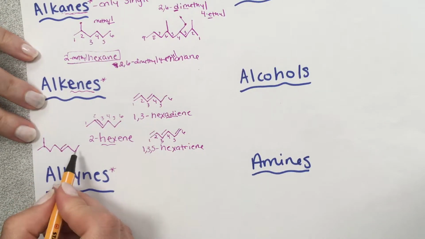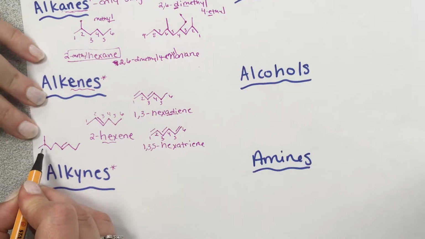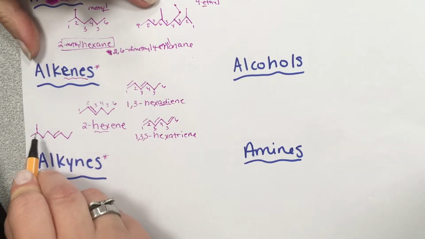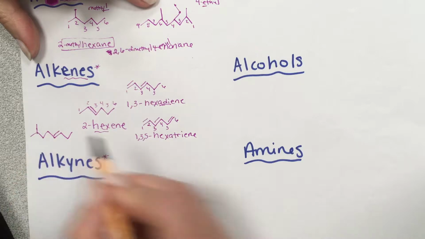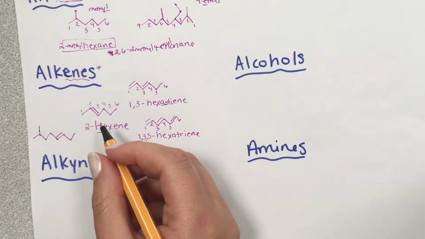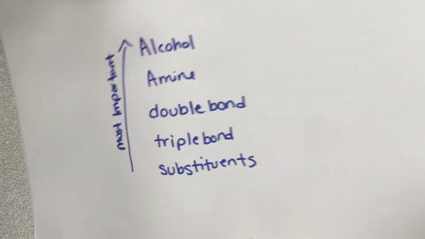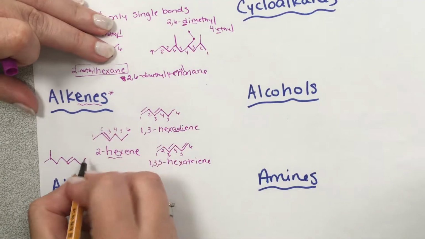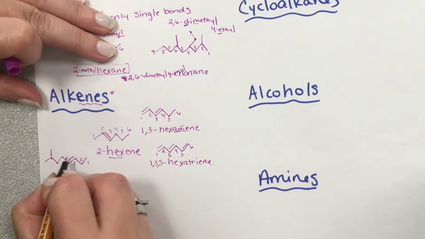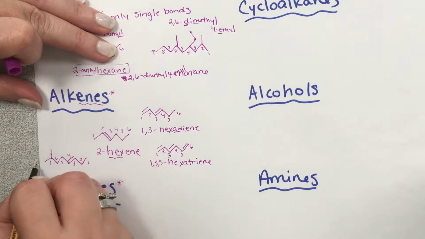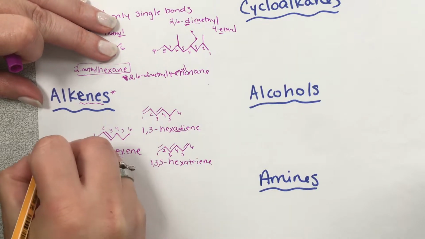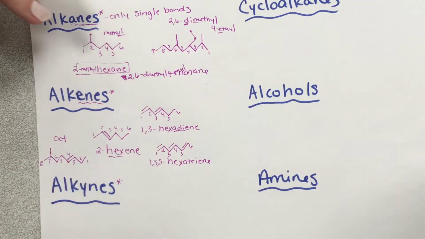So when we number this, even though this would be on the second carbon and you would think that it would make sense to make this 1, 2, since that's not an alcohol, and the double bond has higher priority than a substituent, we need to start from right to left in numbering. So 1, 2, 3, 4, 5, 6, 7, 8. So its prefix is oct, okay?